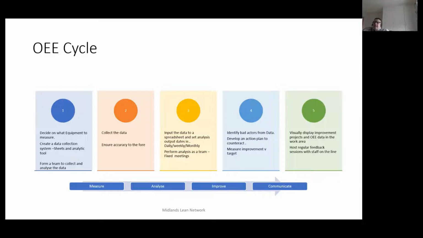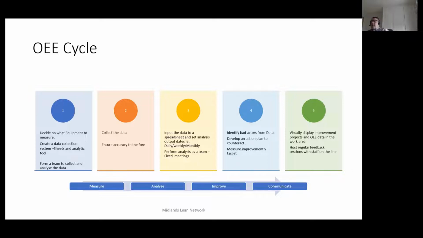Once we collect the data, very, very important here is to make sure our data is correct, because if our data is skewed, we're taking actions against something that's not true. So data accuracy is huge here. You input the data into a spreadsheet, or it's automatic; some people have programs to do this. I'll show you some people who are offering that kind of thing.